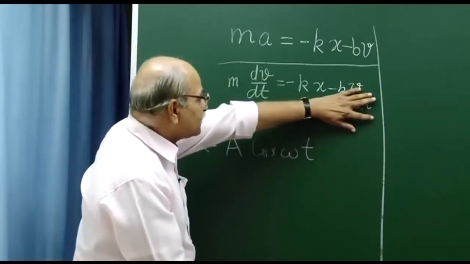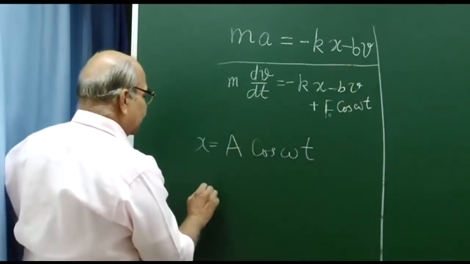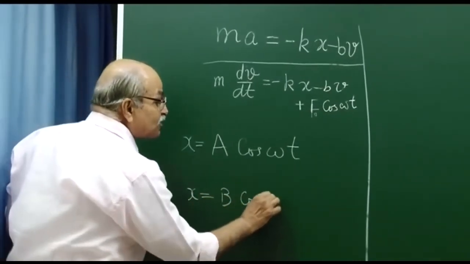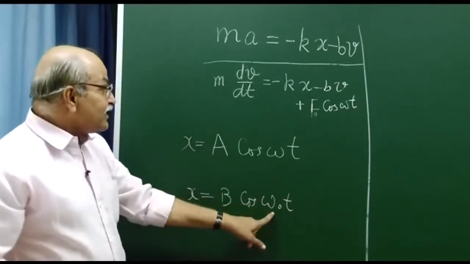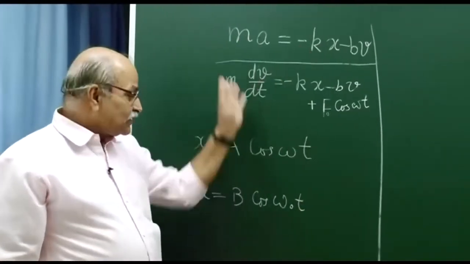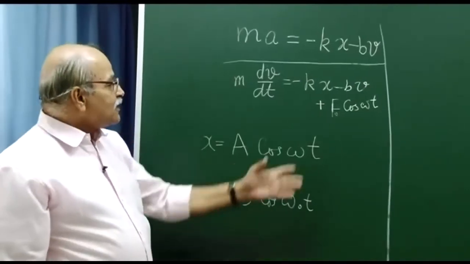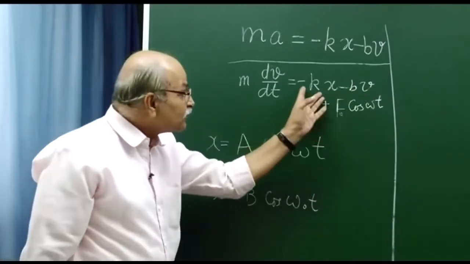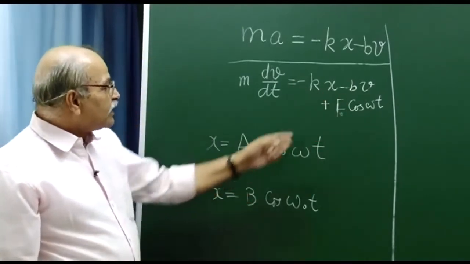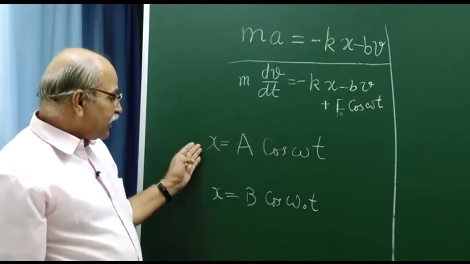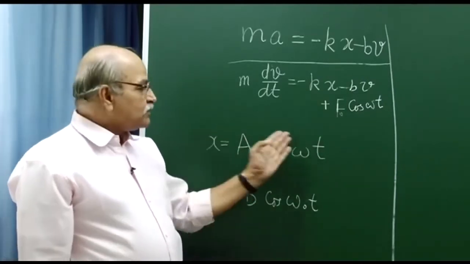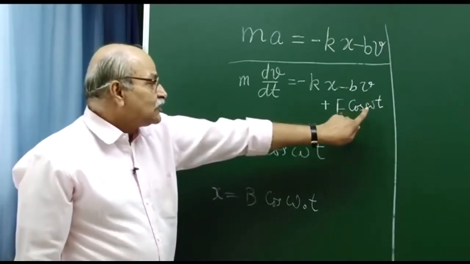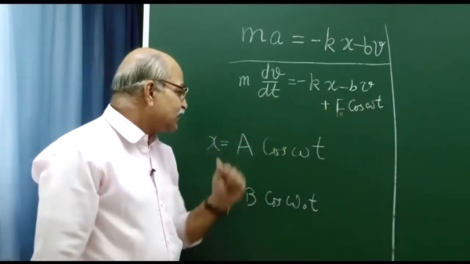If this is not there, if damping is also not there, then your x is some other constant, let us say b, some cos of omega naught t. This omega naught is that square root of k by m. So, this is the natural frequency. But if the periodic external force is there apart from this restoring force and some damping is there, you again have a periodic motion, but then the frequency is omega, this frequency. So, it is the forcing frequency that decides the frequency of oscillation.